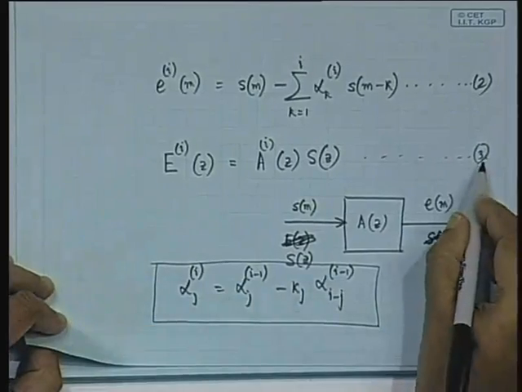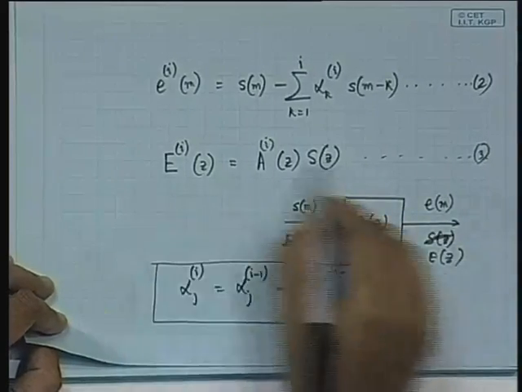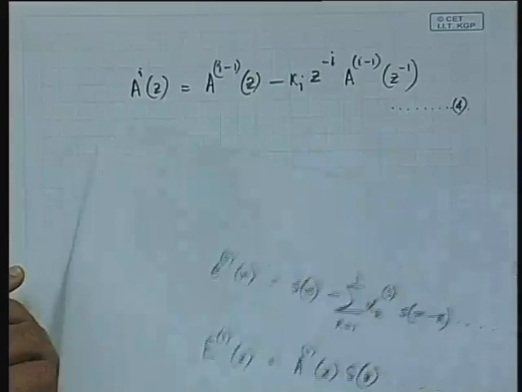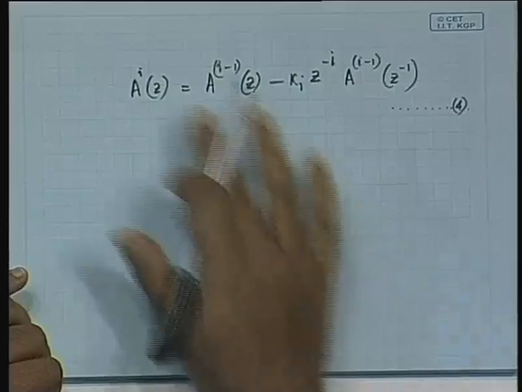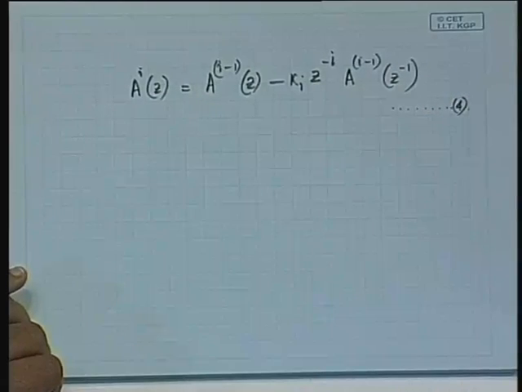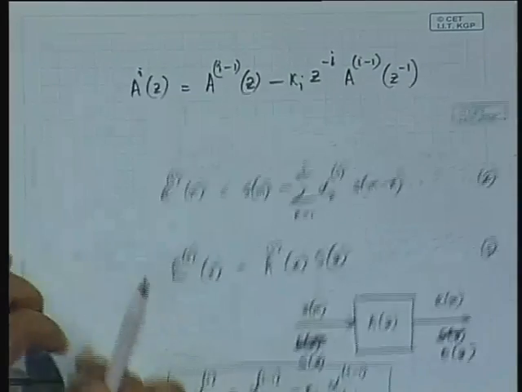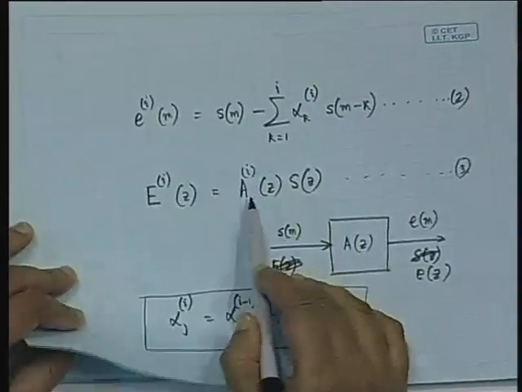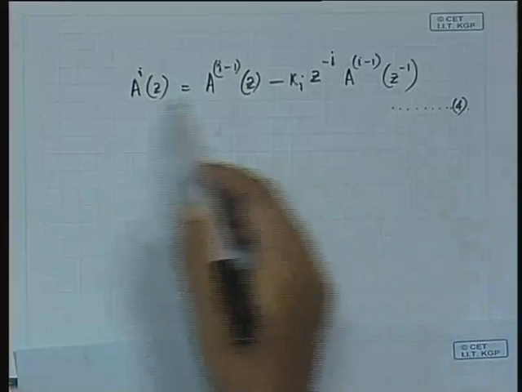Now, this is expression number 4, and we substitute 4 in equation number 3. That will be a very simple equation. Equation number 3 is the simplest equation, which just expresses the error in terms of A Z and S Z. If I substitute equation number 4 into that, what results is E I Z equal to A I Z S Z. Now, in place of A I Z, we write simply this.